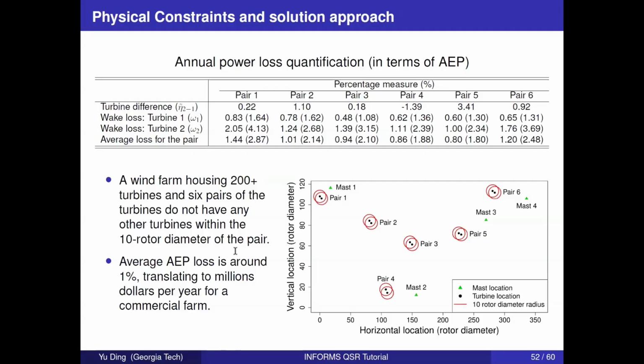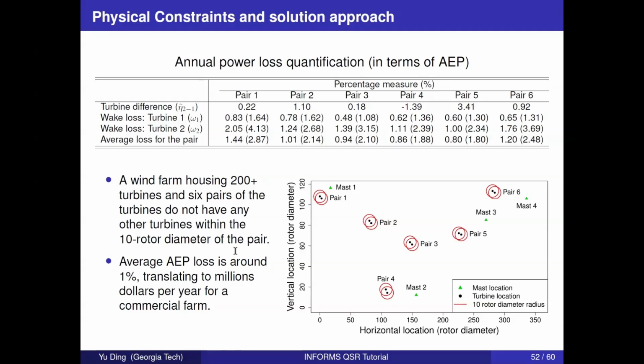Within 5D, they are close enough to generate quite a significant wake effect. So the location of the 6 pairs in the wind farm is indicated in this way. The circle is 10D, 10 rotor diameters. So they have a fair amount of overlap because they are actually close. The actual location is rather close.